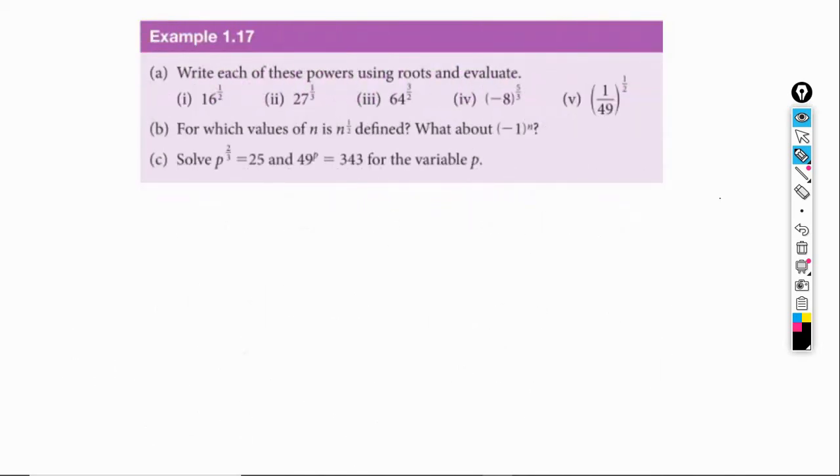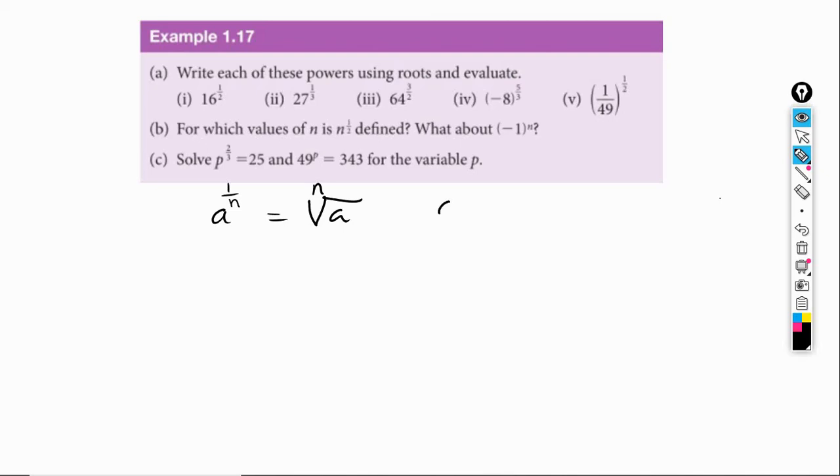Very well, so now we are on example 1.17, and it says for part A, write each of these powers using roots and evaluate. Okay, so for roots and powers, we have to have one thing very clear, because this is probably the most confusing rules of powers for most students. So if you have a number a to the power of 1 over n, this is equal to the nth root of a.